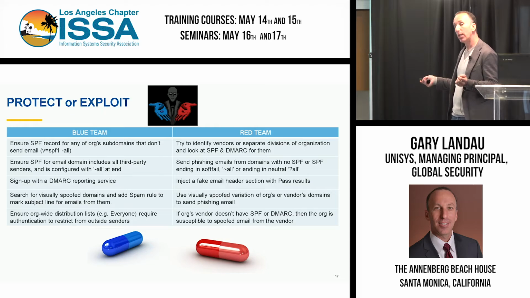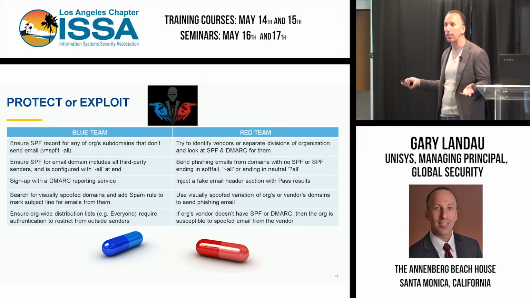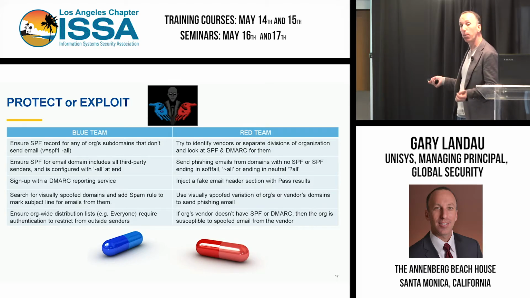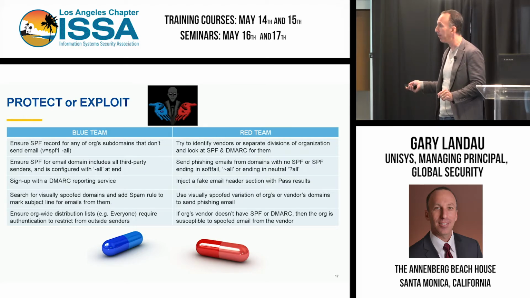You could also inject fake email headers using a fake mailer. You could use part of the Kali Linux toolkit to inject fake emails. You could use a visually spoofed variation of your own domain or of a vendor's domain. And if the org is susceptible to spoofed email, or if the org doesn't have an SPF or DMARC record at all, then they could be susceptible to spoofed email.